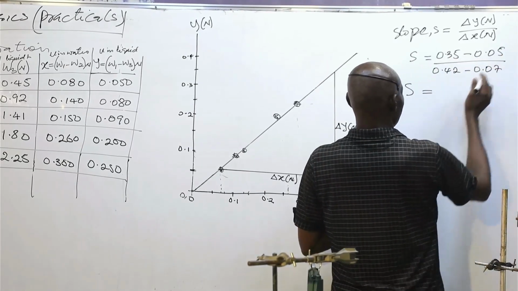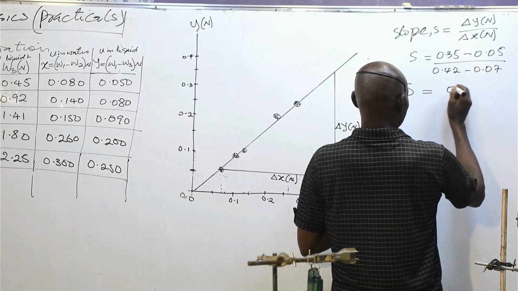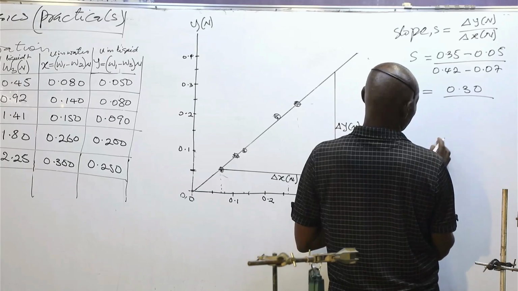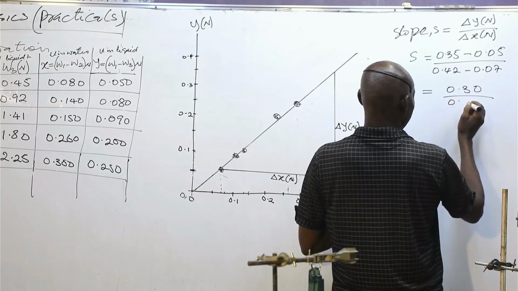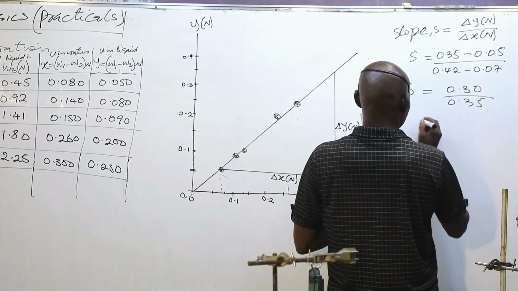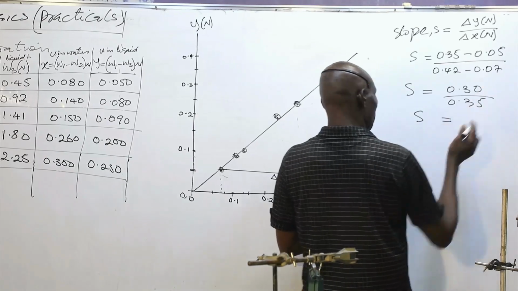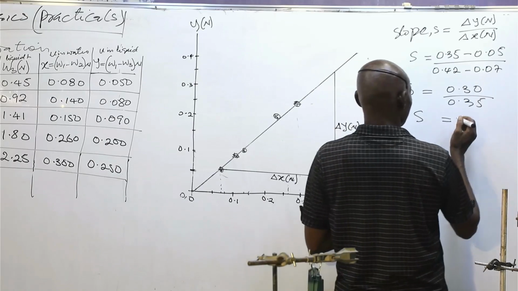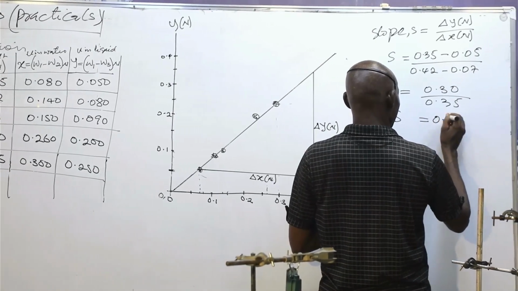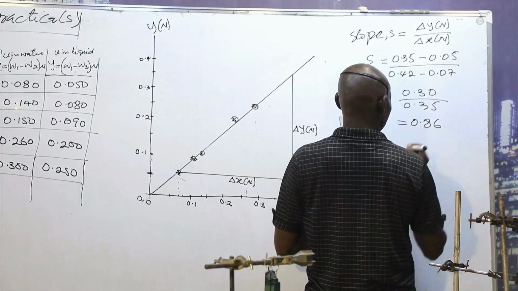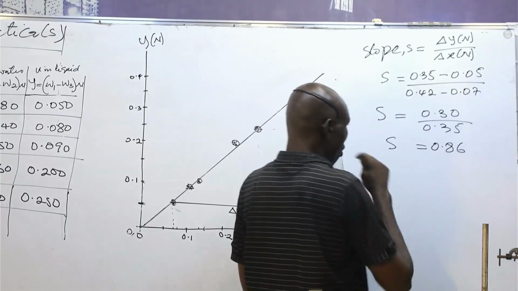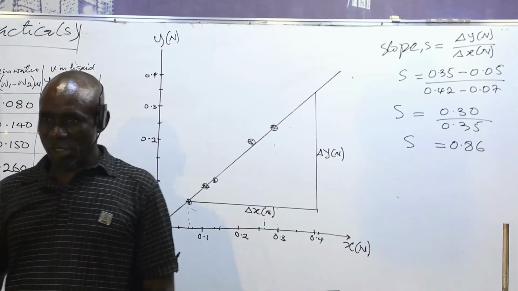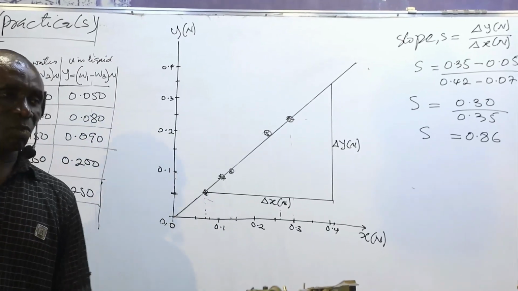Please subtract this for me. 0.30 divided by 0.35, which will now give me, divide this for me, 0.857, that's 0.86. It has no unit. 0.86.